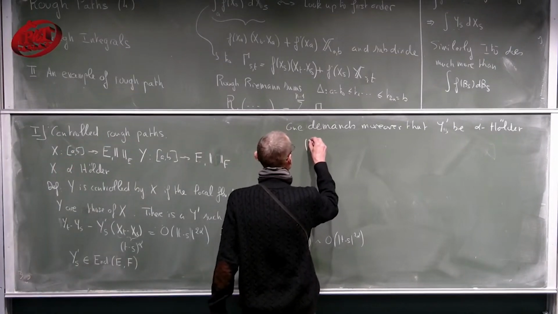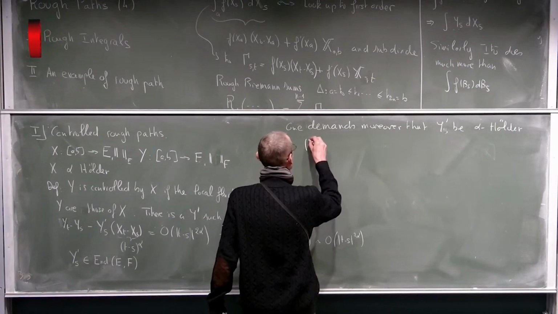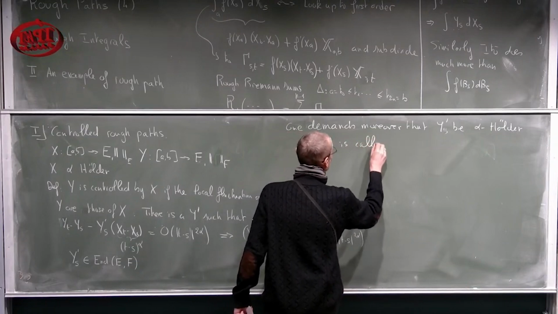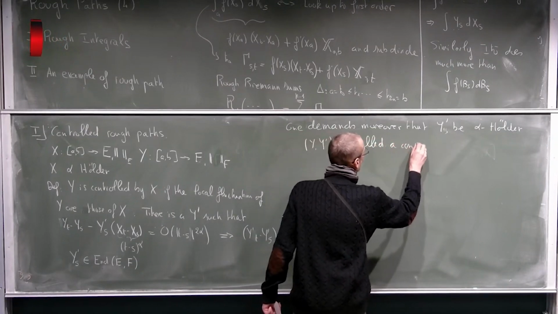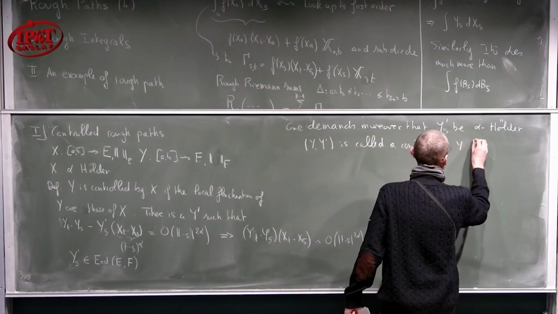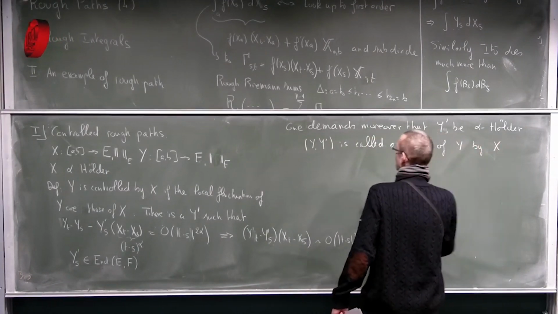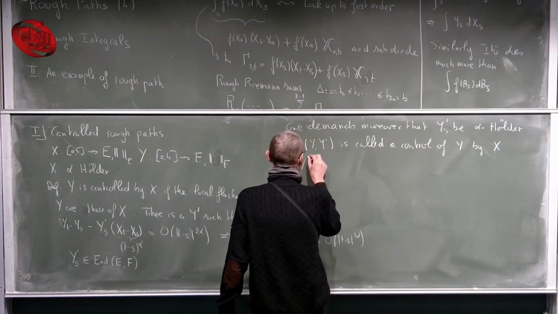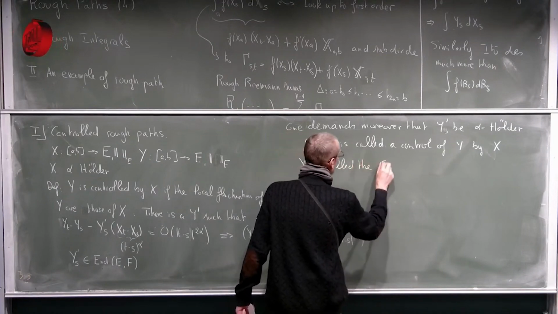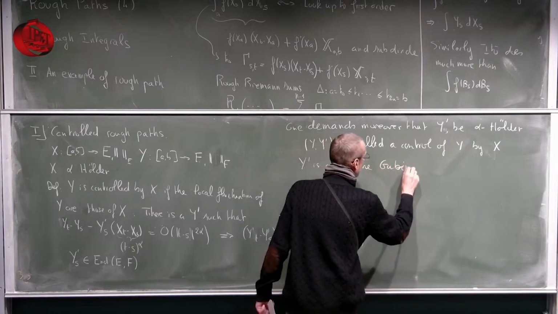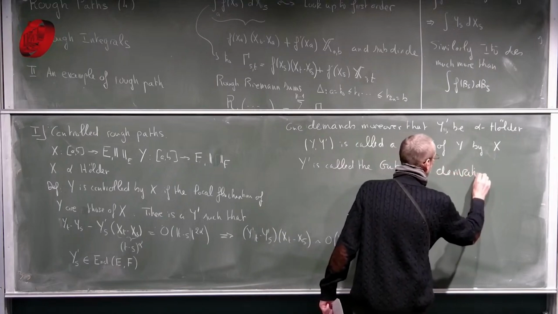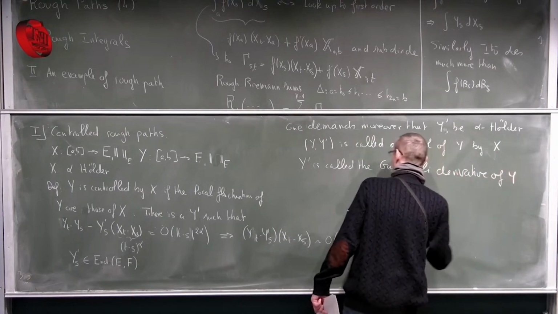Then there is some vocabulary. y prime is called a control of y by x, and y prime is called the Gubinelli derivative of y with respect to x.